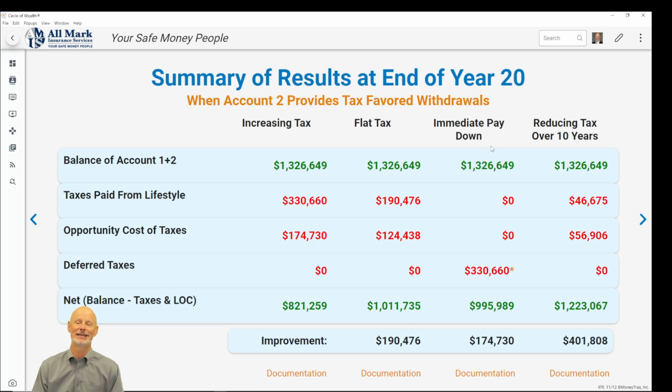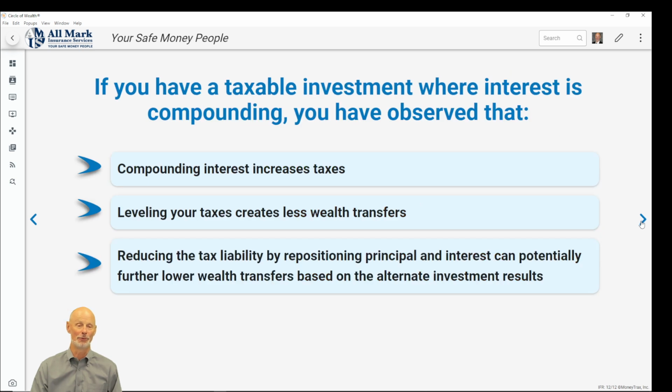In an immediate pay down situation, we got to $174,000, and by reducing it in as short as 10 years, we improved it by $401,808. I would say that this deserves real attention if you're concerned about how much wealth you're going to transfer to your heirs.